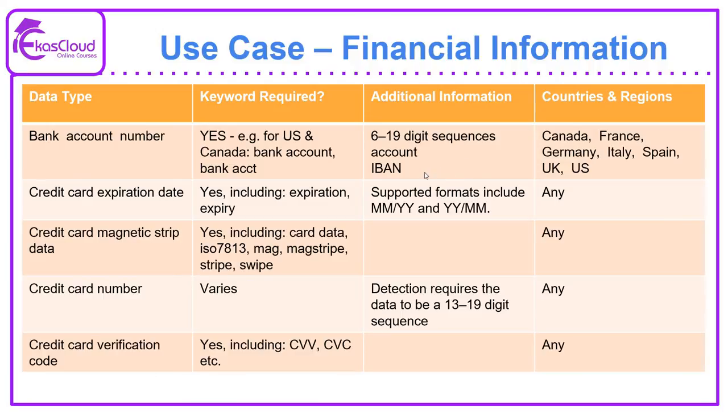And for people in the UK, it will be something like the IBAN number. And also, another example would be your CVV and your CVC, which can be found at the back of your card. So it will detect this keyword, and then it can generate reports on such keywords.